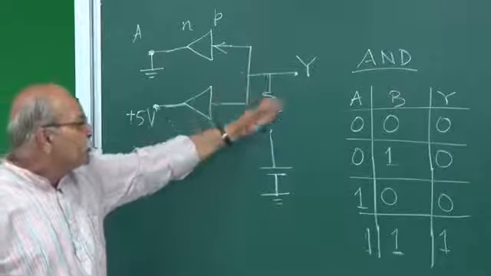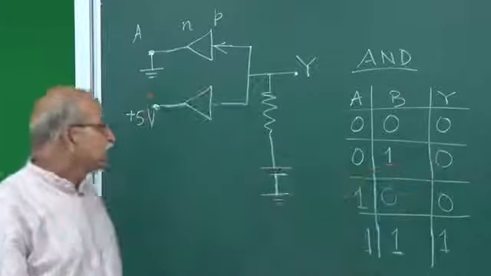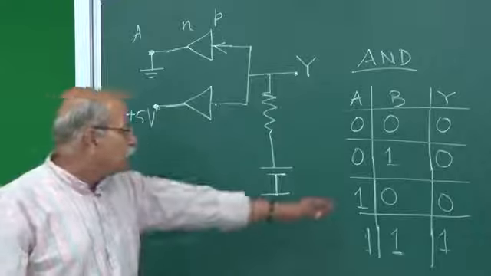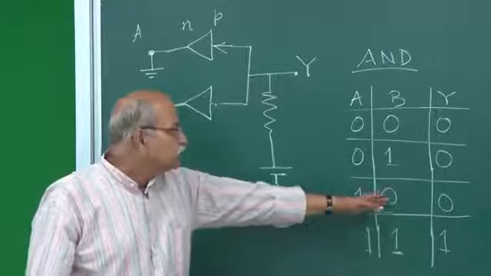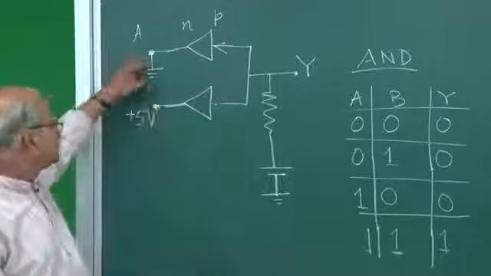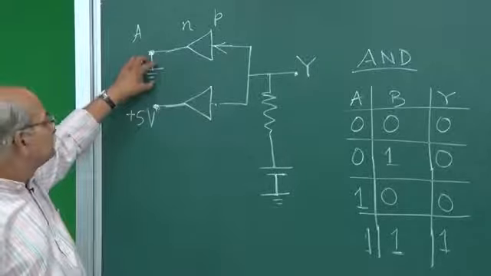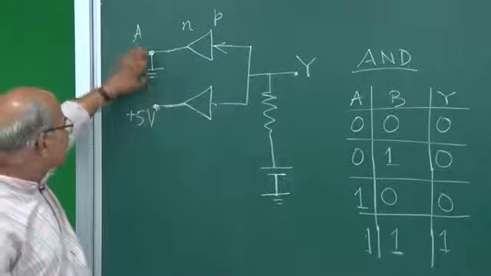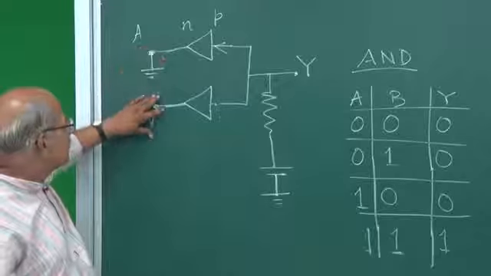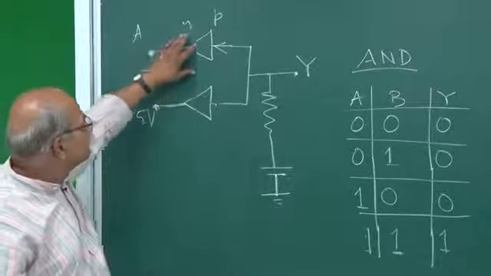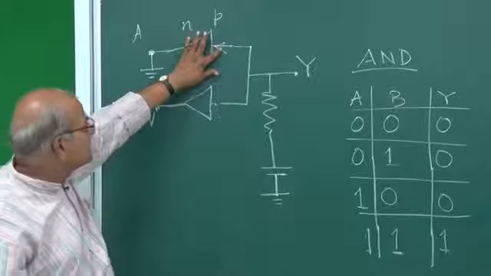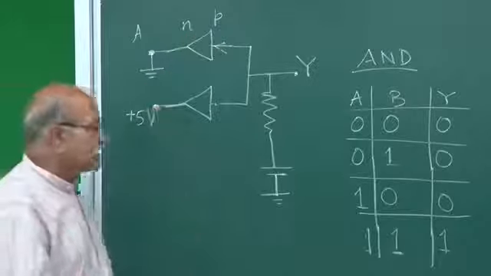So this is low. And similarly, if A is 1 and B is 0, then this will be 0. We are only swapping these two, put 5 volt here, put 0 volt here. Then this will be reverse biased, no current from here, and the current will be only from here.